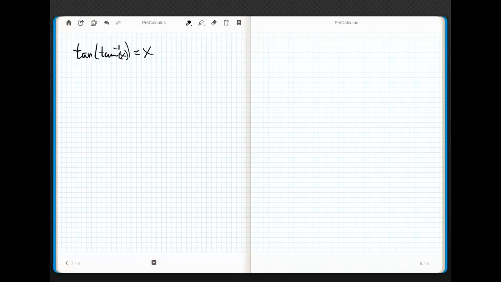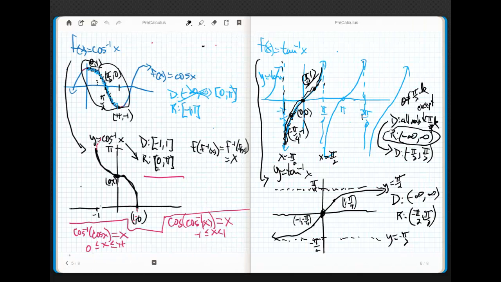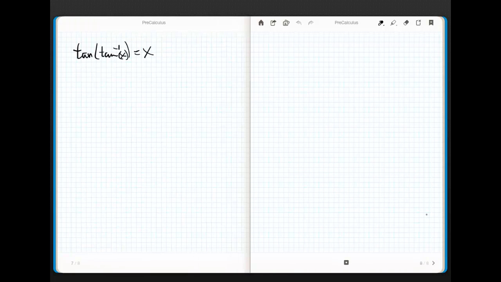Well, better equal x. When? Well, look back at tangent. Tangent's range is always going to spit out values from negative infinity to infinity. We have nothing to worry about with tangent.